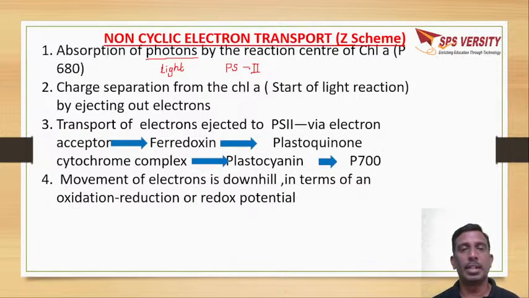So whenever light energy is taken by the reaction center of photosystem 2, due to this electrons will come out. Electrons बाहर आते हैं chlorophyll A से.